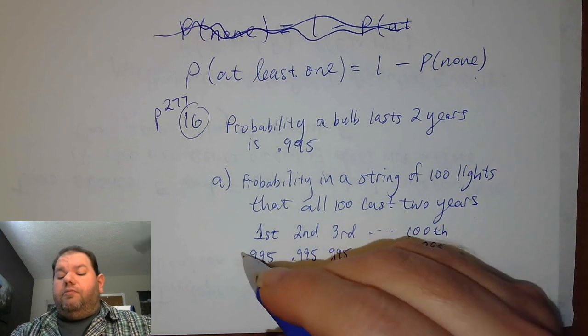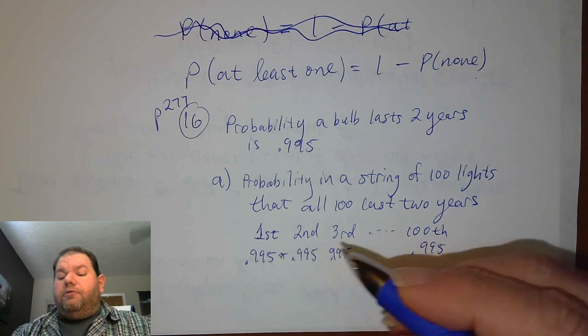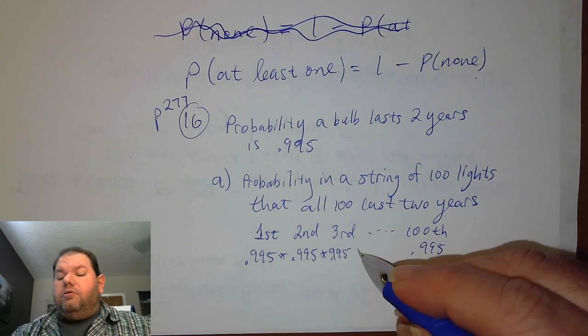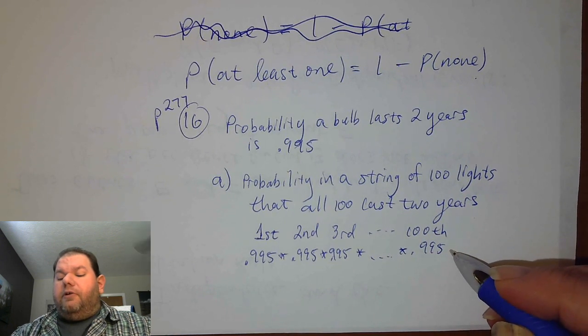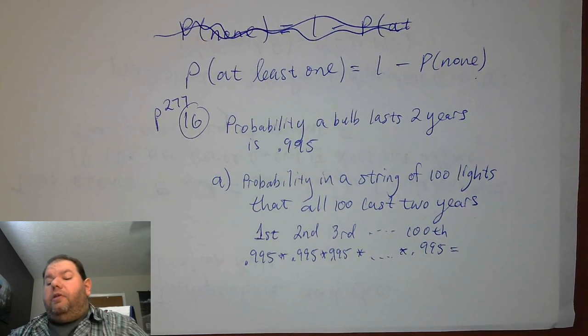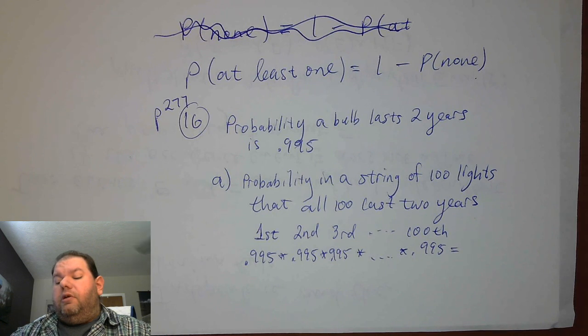Now, according to our multiplication rule, we have to multiply these all together. So, what would be an efficient way of multiplying all these 0.995s together 100 times?